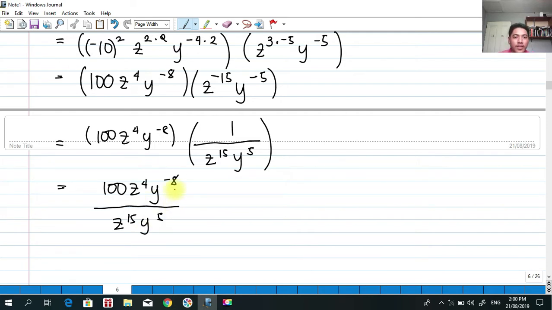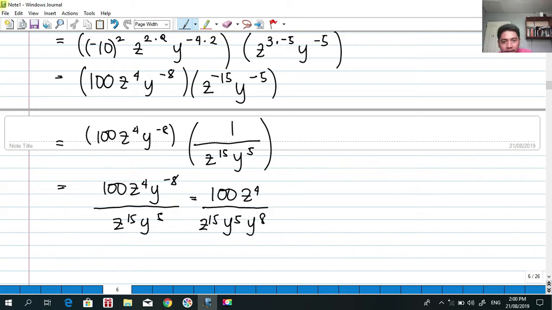But we have to eliminate still the negative here. So instead, we have 100 z 4 over z 15 y raised to 5, which is this, and y raised to 8. So we can simplify things.